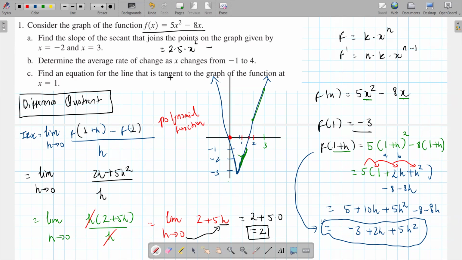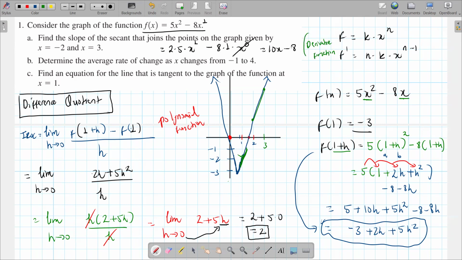What about 8x? Well, it has a power of 1, so bring that down. It's 8 times 1 times x to the power of 1 minus 1, which is 0. x to the 0 is just 1. So the derivative of that entire term, 8x, is 8. For 5x squared, it's going to be 10x. So here we get 10x minus 8. This is what we call the derivative function, or the IROC function.